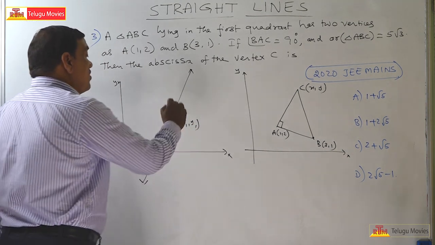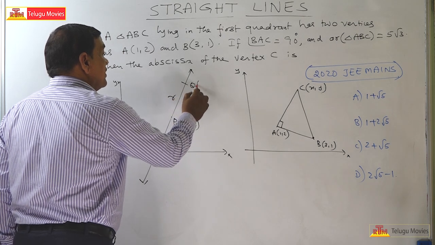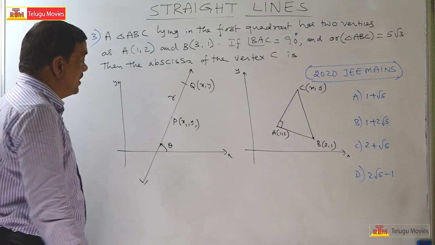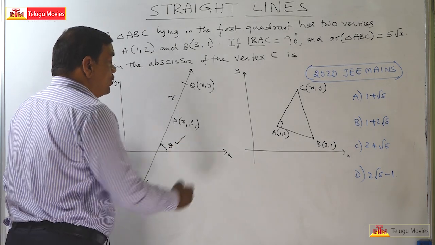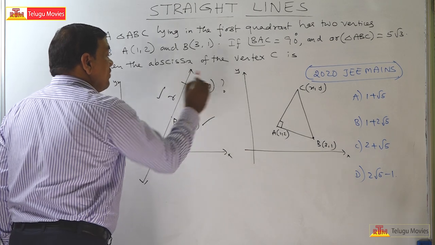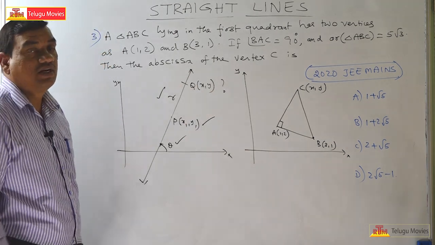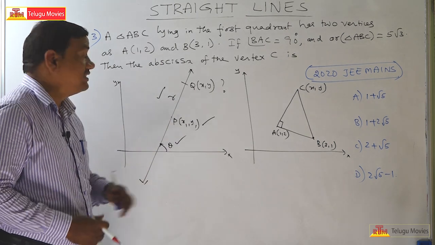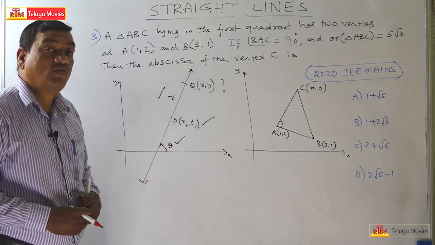At a distance of r units, there is another point Q(x, y) on the same line. You know theta, you know P(x1, y1), you know the r value. How to find out the x comma y value? That means a point which lies at a distance of r units from the point P(x1, y1).